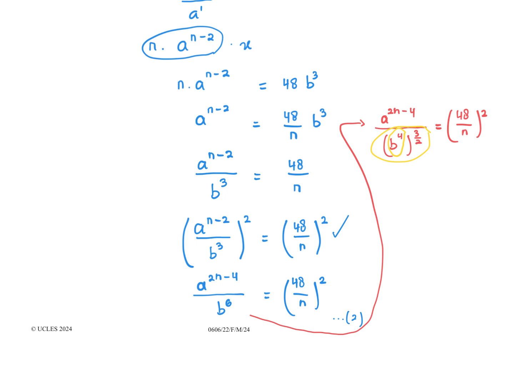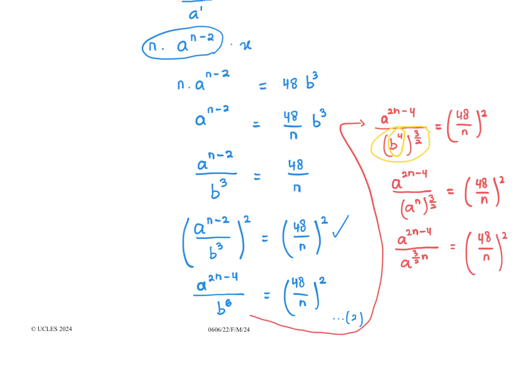So now I simplify. a to the powers of 2n minus 4 over a to the powers of n, to the powers again of 3 over 2, is equal to 48 over n to the powers of 2. a to the powers of 2n minus 4 over a to the powers of 3 over 2 n is equal to 48 over n to the powers of 2. a to the powers of 2n minus 4 minus 3 over 2 n.